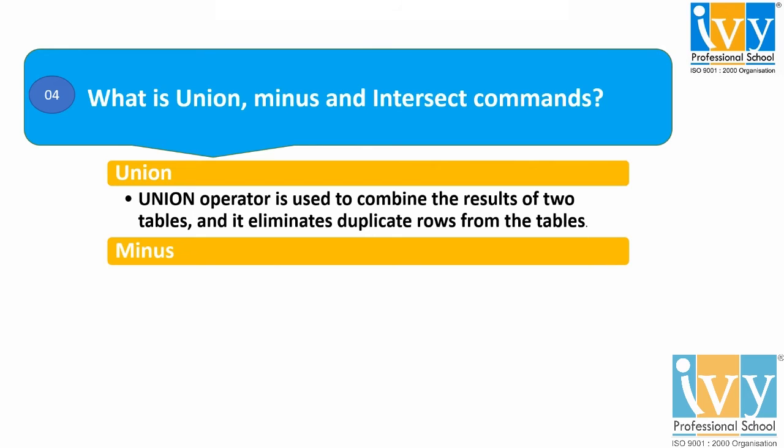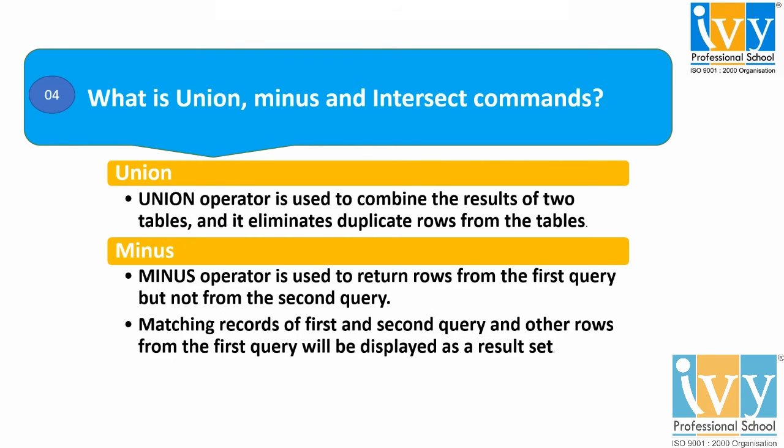Next, coming to the MINUS command. The MINUS operator is used to return rows from the first query, not from the second query. In other words, the MINUS operator is used to return all the rows in the first SELECT statement that are not returned by the second SELECT statement.